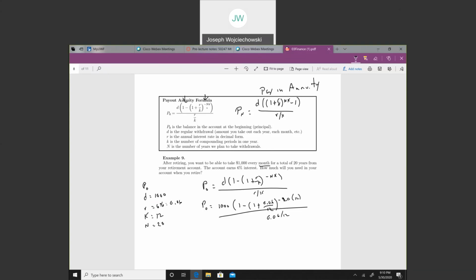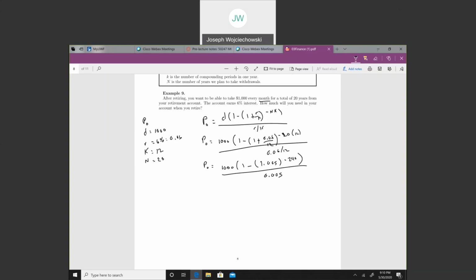So we have 1,000 times 1 minus 1.005 to the negative 240th power, over 0.005. Okay, so let's do this 1.005 to the negative 240.